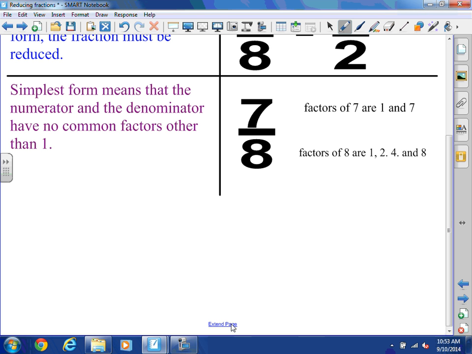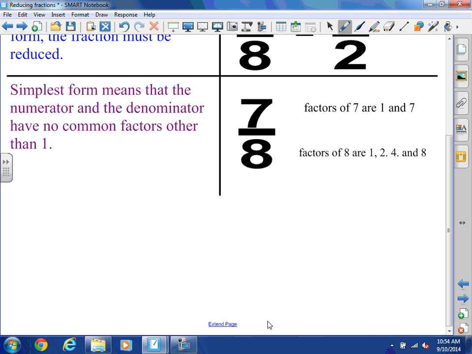There's only one common factor here, and it is the number 1. So if you are talking about simplest form and factors, a fraction listed in simplest form, the only common factor they will have is the number 1. If they have a different common factor, that means I didn't break it down enough. Does everyone understand?